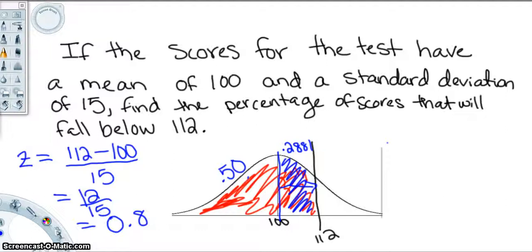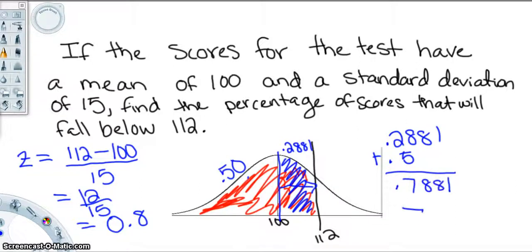So we add these up: 0.2881 plus 0.5, and we get 0.7881, which yields 78.81% of the people have a score below 112.